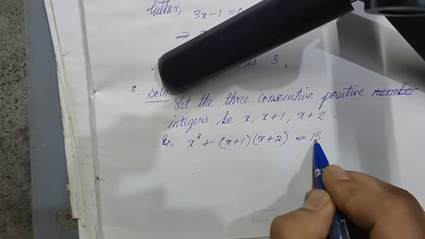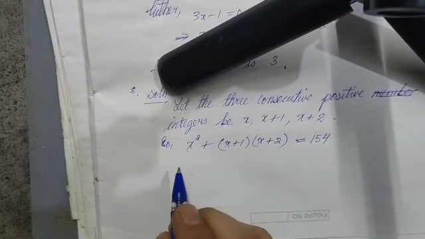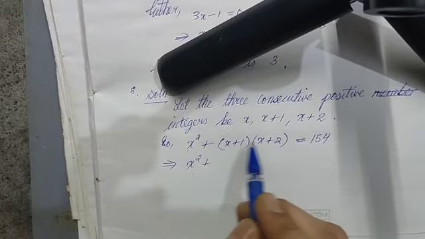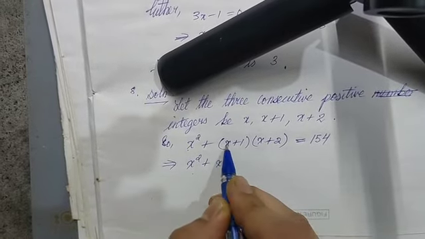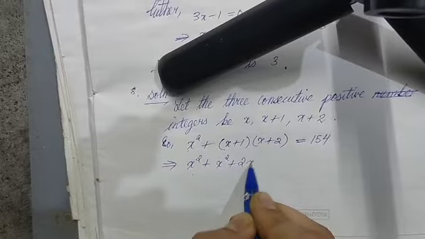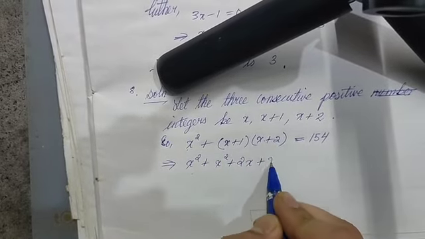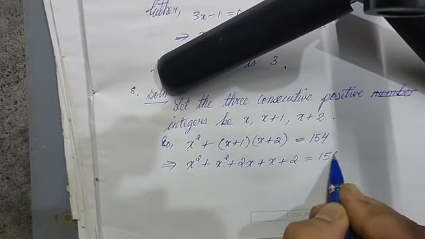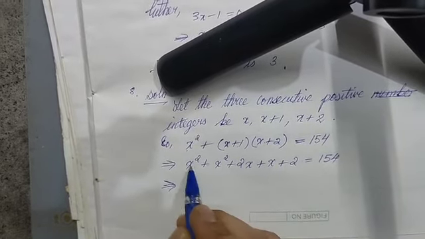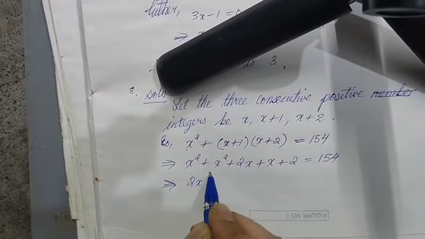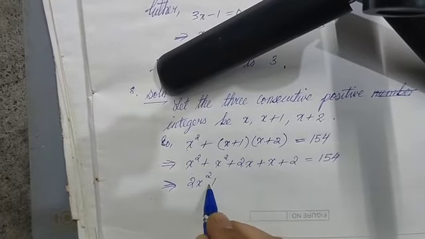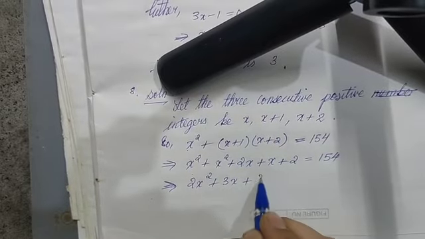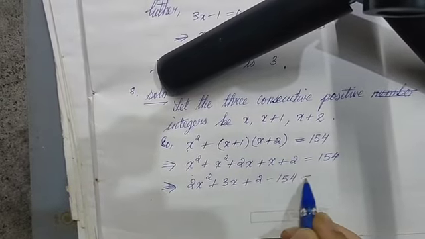x squared plus x into x is x squared, x into 2 is 2x, 1 into x is x, 1 into 2 is 2. So 2x squared plus 3x plus 2 minus 154 equal to 0.